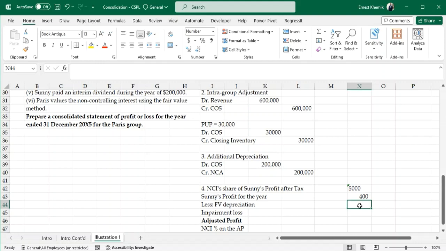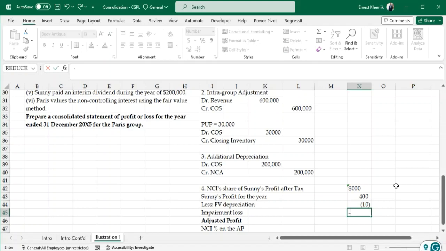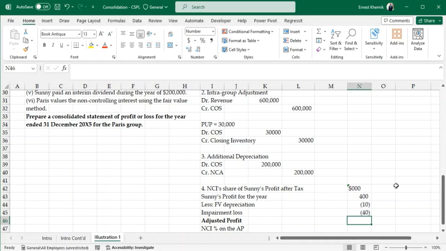Then the fair value depreciation is how much? 10,000. I'm going to explain why we are putting that there, and we are lessening it, so I'm going to put it as a minus 10. And then we'll also have the impairment loss of 40, so let me put my negative sign there, 40. I'm going to explain this in a moment. So we're going to have the adjusted profit of how much.